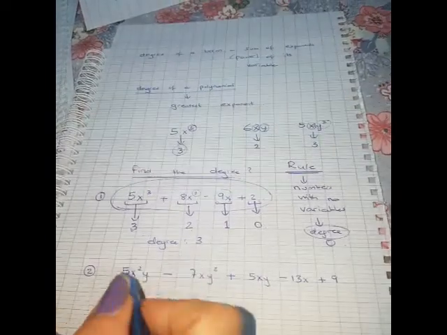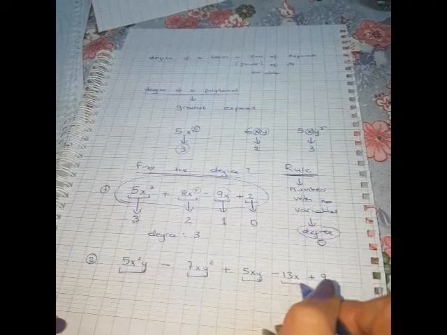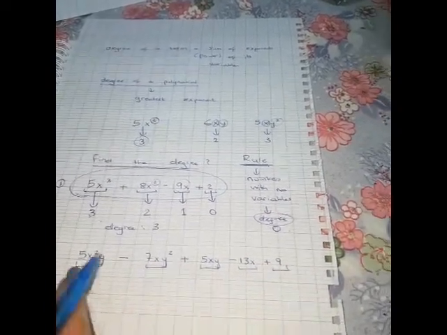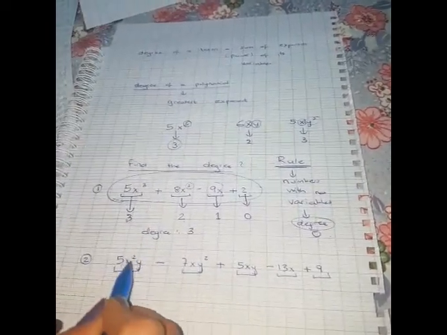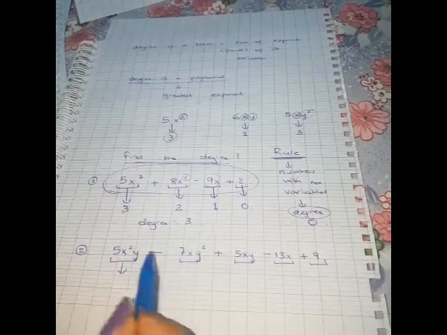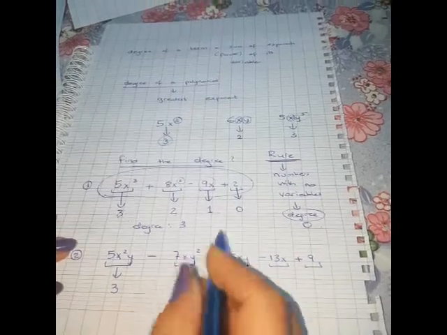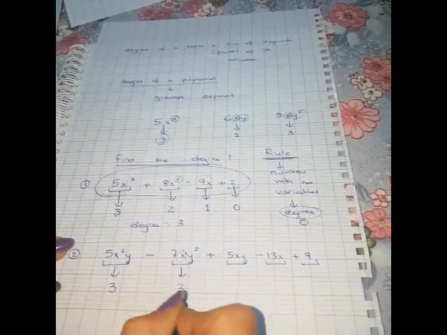The second example, I have 1, 2, 3, 4, 5 terms. I need to find the degree of the polynomial. So what's the sum of the exponents in the first term? 2x, x to the second, so I have 2 x's and 1 y, so it's 3. Again, I have 1 x and 2 y's, 2 and 1 is again 3.